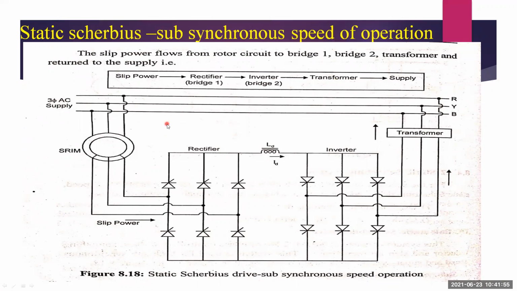In this circuit diagram, this is the three-phase AC supply line, generally called a bus bar. In subsynchronous speed of operation of the static Scherbius drive, the power flows from the slip power to rectifier bridge 1, inverter bridge 2, and the transformer, and then to the supply.